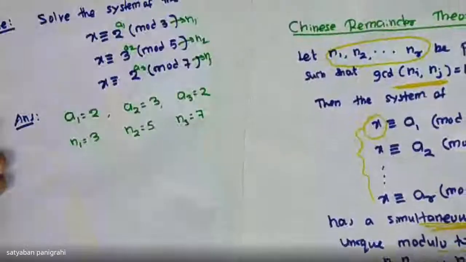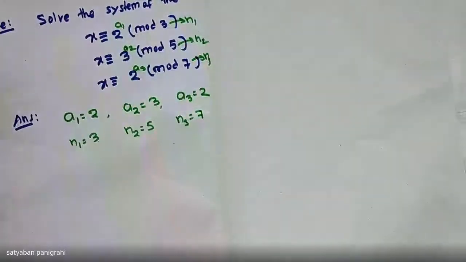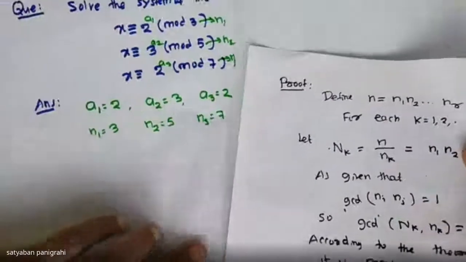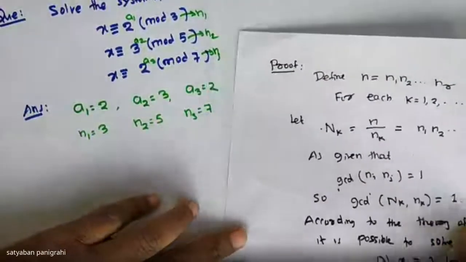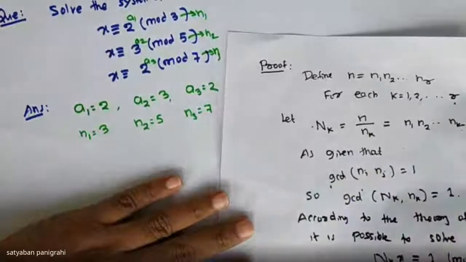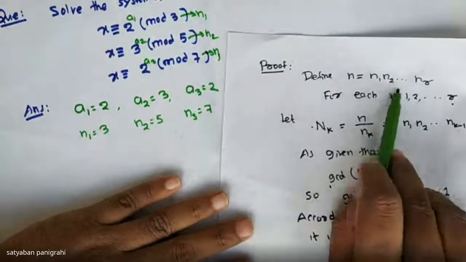Okay. Now for the solution part, what did you define? We have to define n as the product of n1, n2 up to nr.